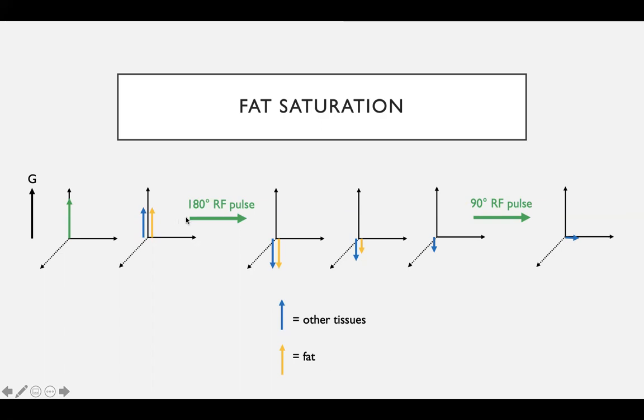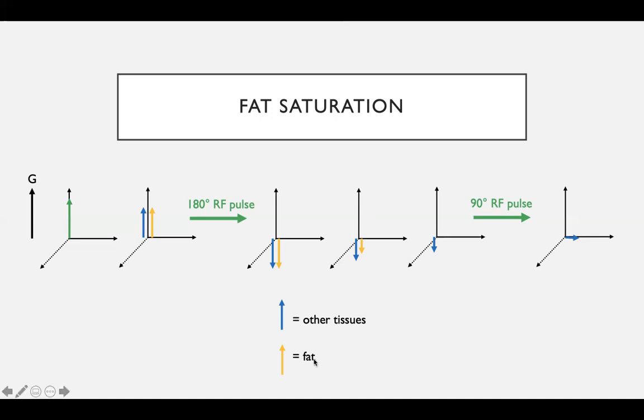Now, after you give a 180-degree RF pulse, you're going to move them from this position all the way down to this position. Now, like I mentioned, T1 relaxation, which is our longitudinal relaxation, is very dependent on the tissue type. So what we do after we remove the pulse is we watch the tissues, the magnetic vectors, start going back to 0, z equals 0, and then start moving towards the z equals positive axis.